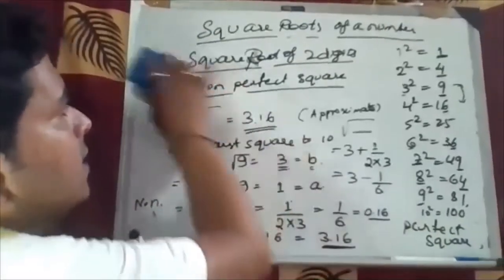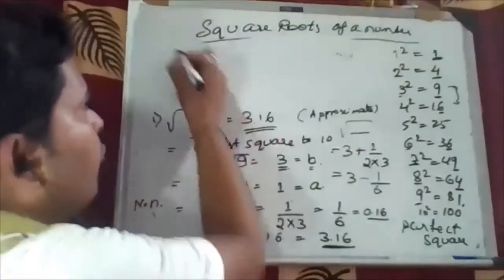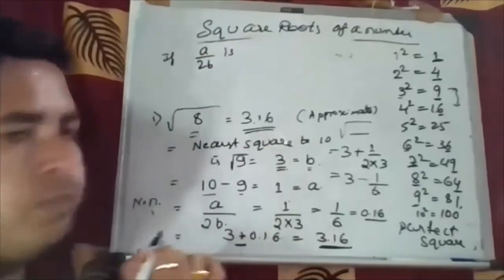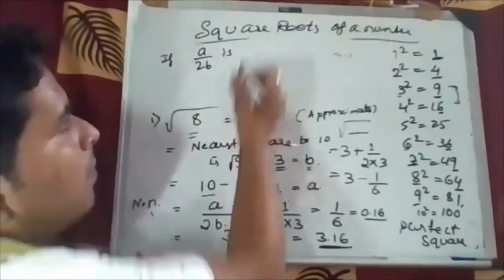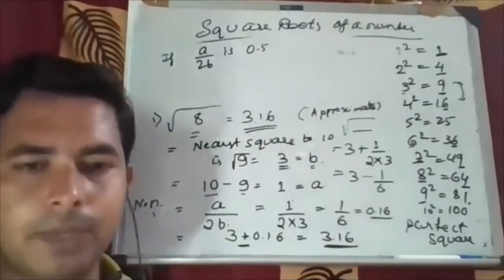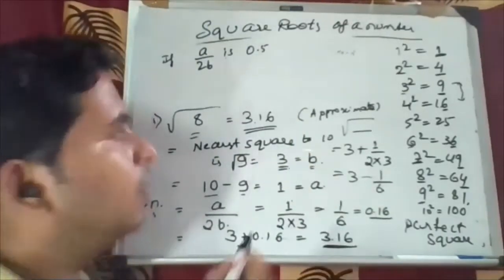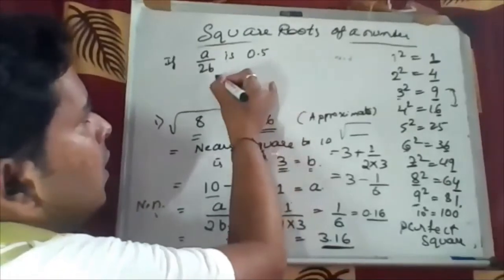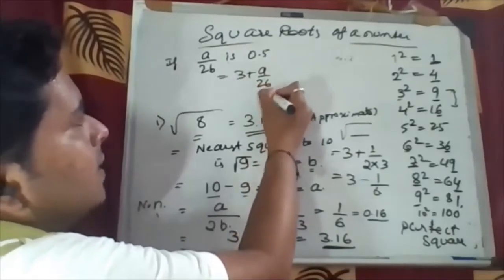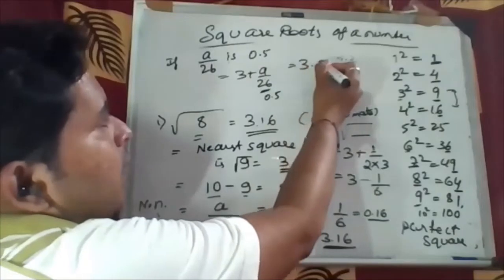And one more condition is, if A by 2B is 0.5, A may be whatever value and B whatever value, and the answer is 0.5, then what you have to do is, whatever the given value is, suppose now it is 3, you got 3 plus A by 2B, and this is 0.5, so your answer is 3.05.